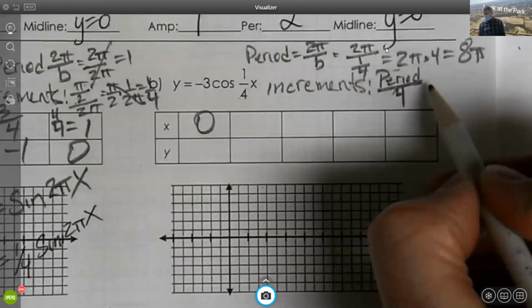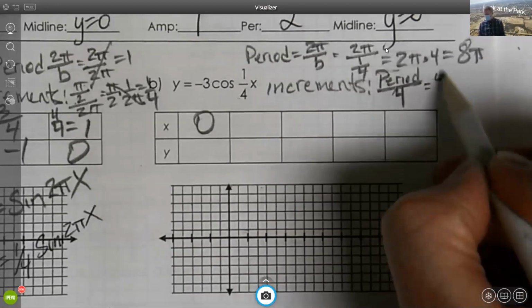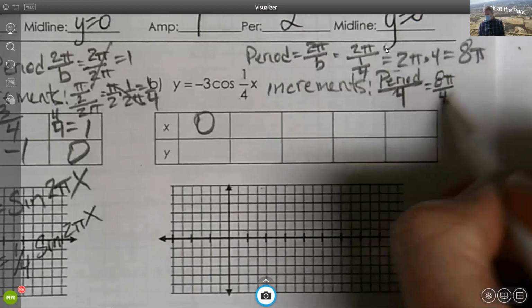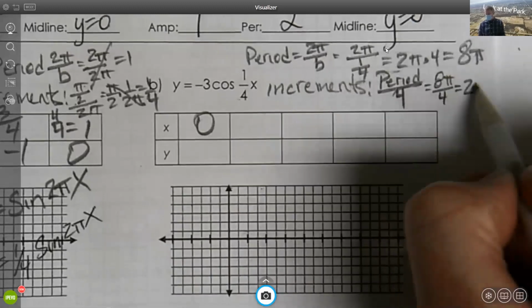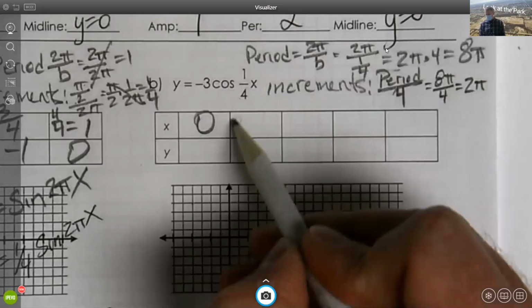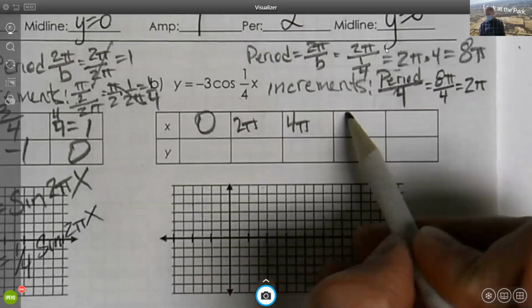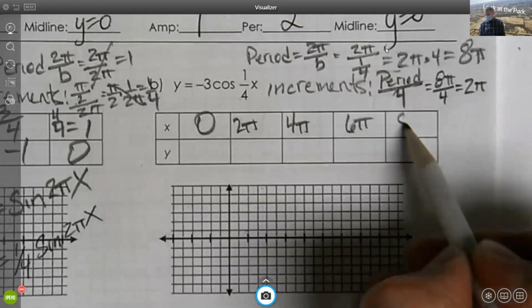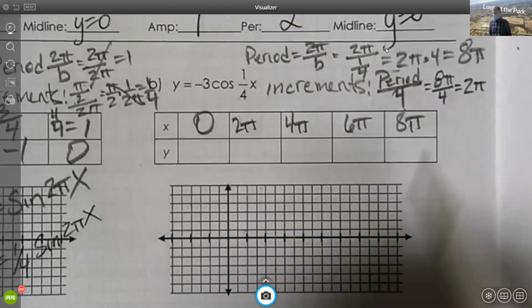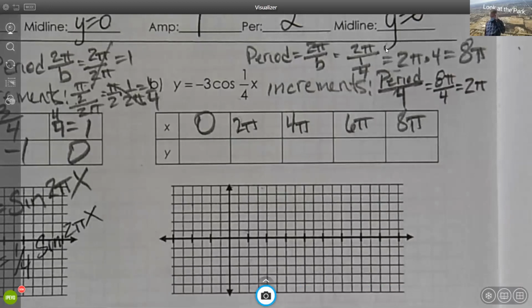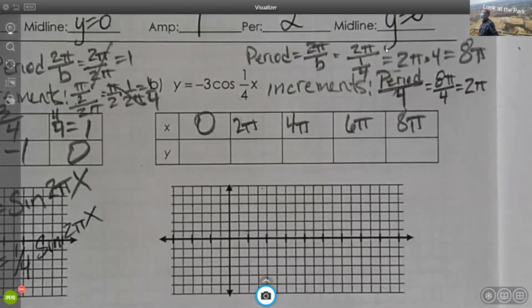Maybe you like that better. I definitely do. 8 pi divided by 4 equals 2 pi. So we're going to be 2 pi, then 4 pi, then 6 pi, then it's your period. So you might like your increments to be period divided by 4.